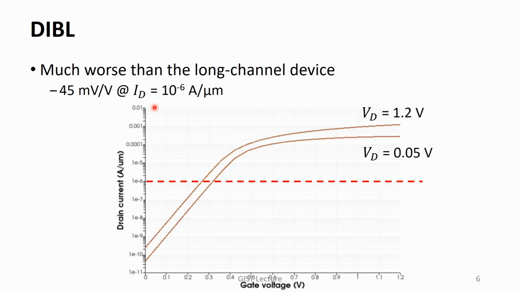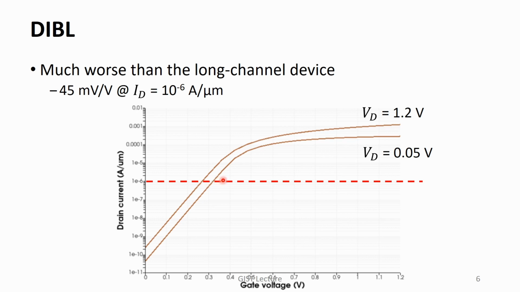In addition to the charge sharing effect, which exists even at a low drain bias, the DIBL also plays an important role at a higher drain voltage. For example, the DIBL is measured at a constant drain current.